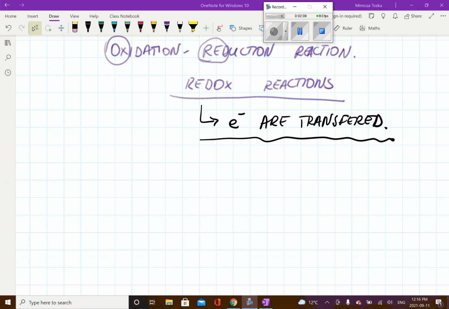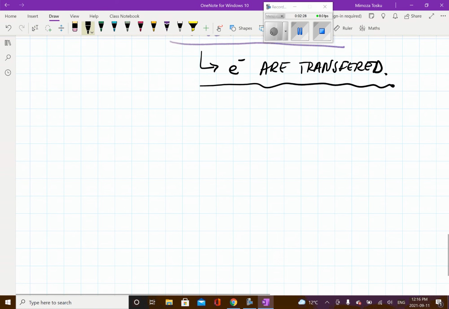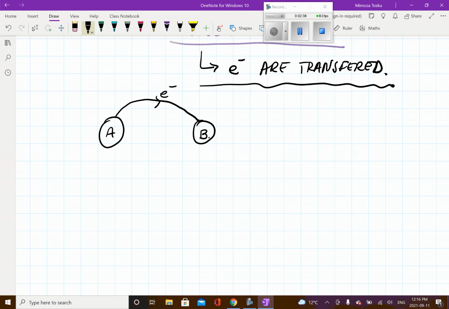Again, from the previous video, during an oxidation and reduction reaction, one element, let's suppose element A here and element B here, one element is giving the electron and the other element is receiving it.